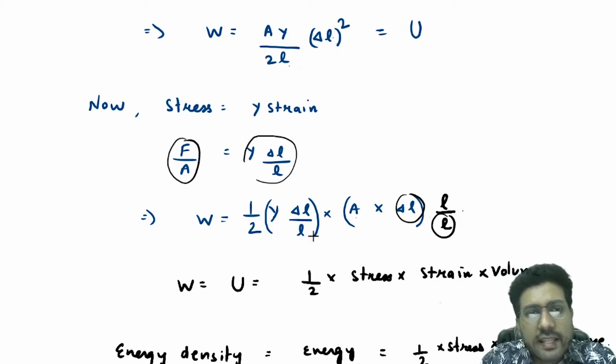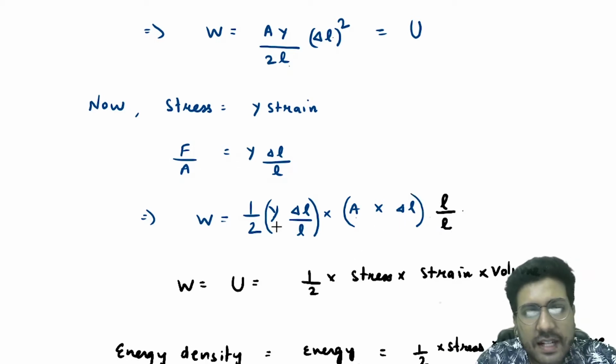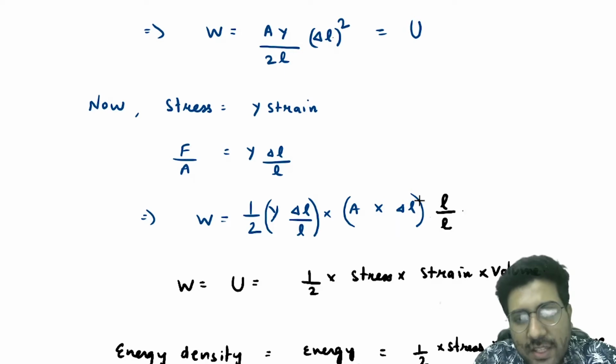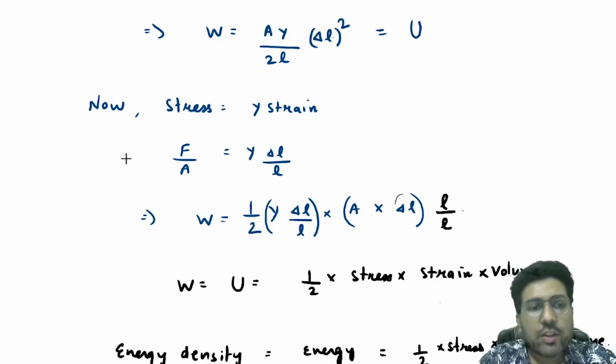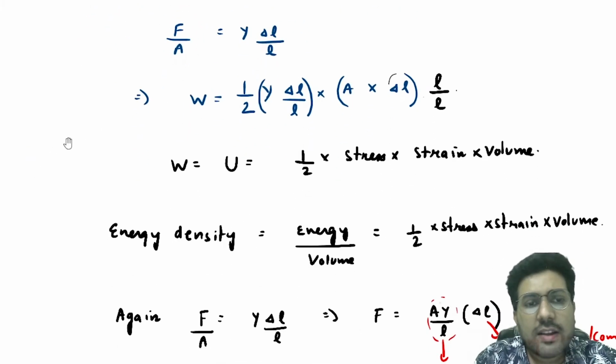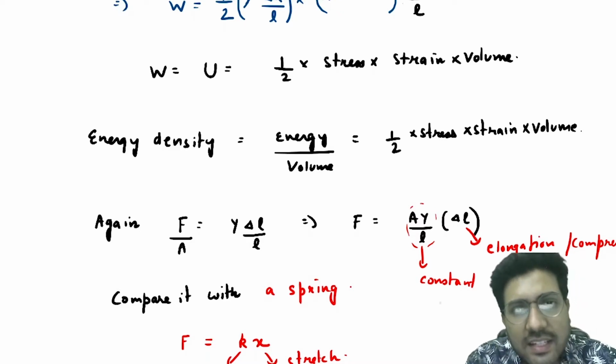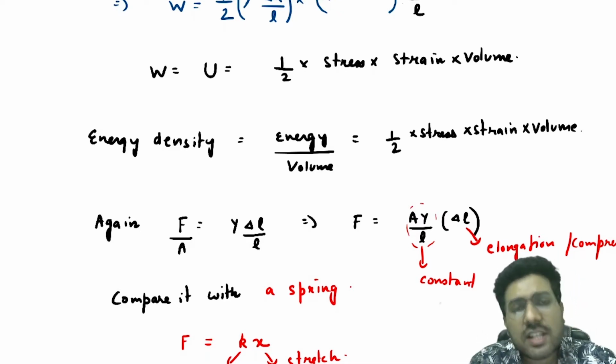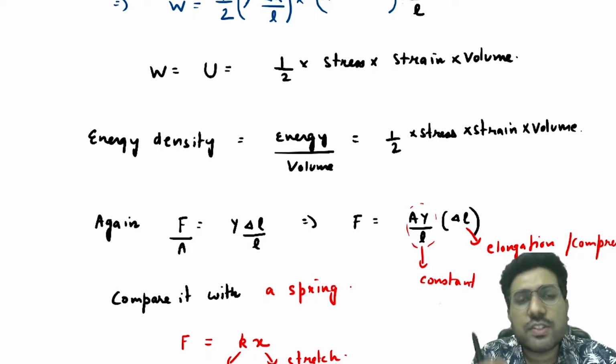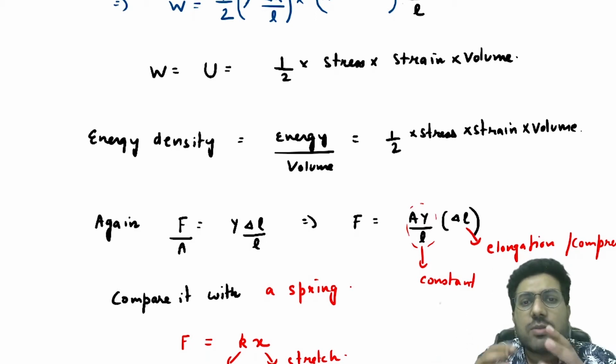So you will say that the work done or the potential energy stored can be written as half multiplied by stress multiplied by strain multiplied by volume. You can remember this formula as half stress into strain into volume. So the work done by an external agent in stretching a rod by length delta L, or you can say the elastic potential energy which is stored in the rod, is equal to half into stress into strain into volume.